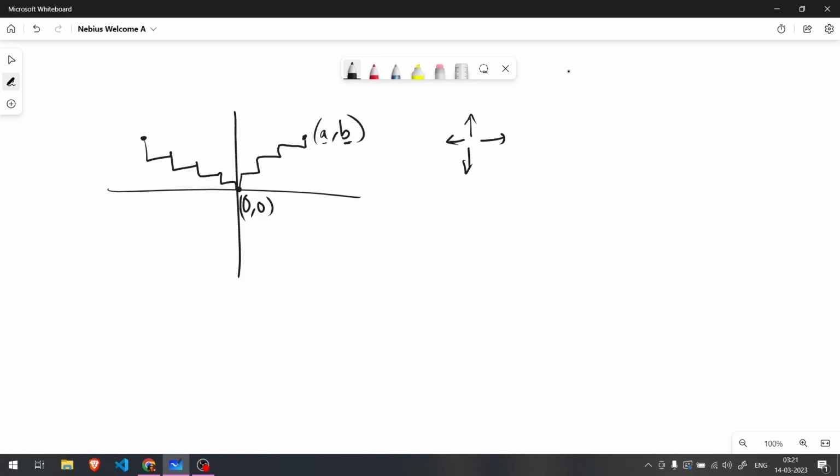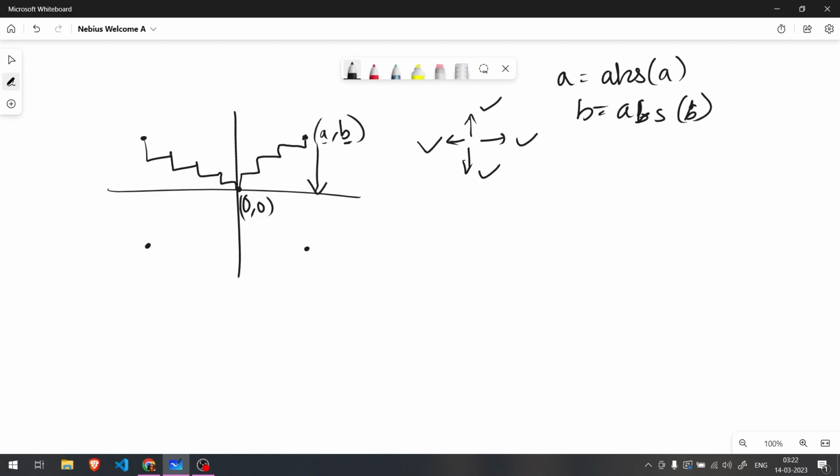So the first thing we can do is a equal to absolute value of a and b equal to absolute value of b. Why is this valid? Because we are allowed to go in any direction, literally up, down, right and left. So this point being here or here or here or here doesn't really matter. What matters is the number of moves we need to get there.